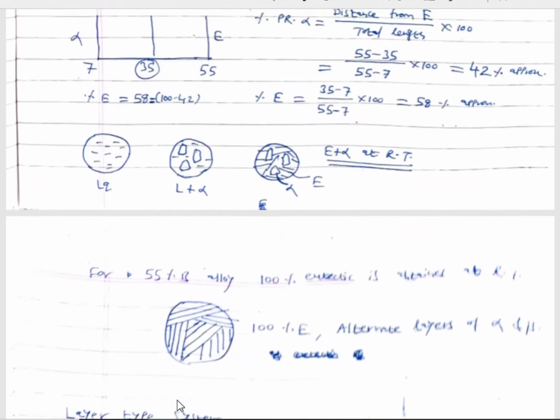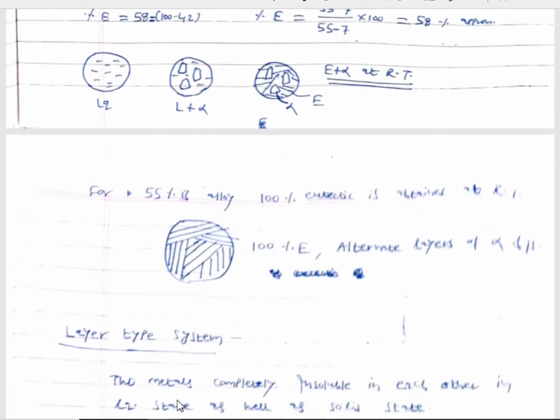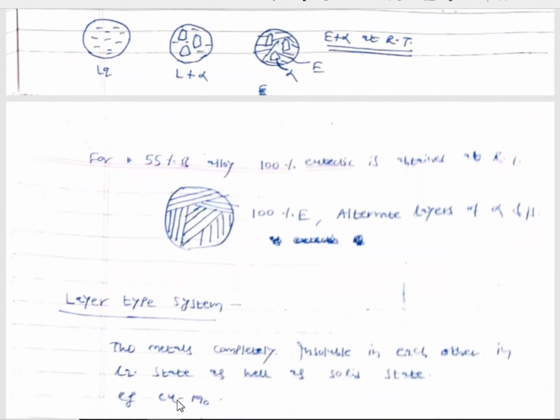In the 35% B alloy, the line portion is eutectic, and the solid particles are of alpha. So alpha is also present along with eutectic, but in 100% eutectic microstructure it will be somewhat like this, complete alternate layers.